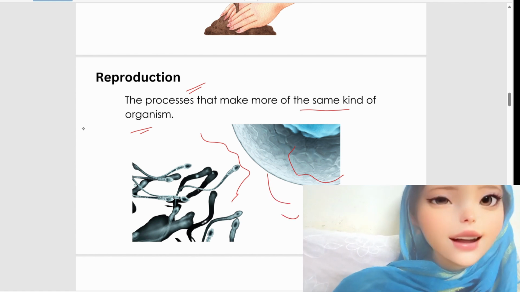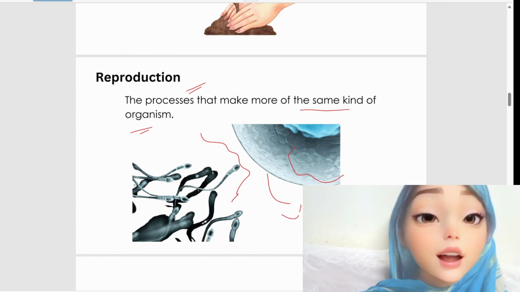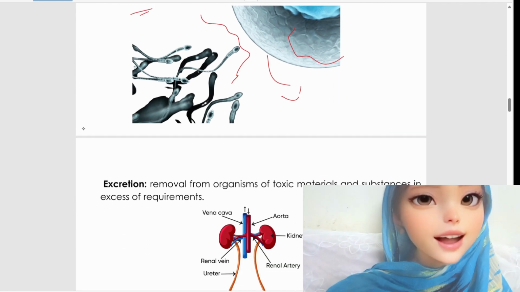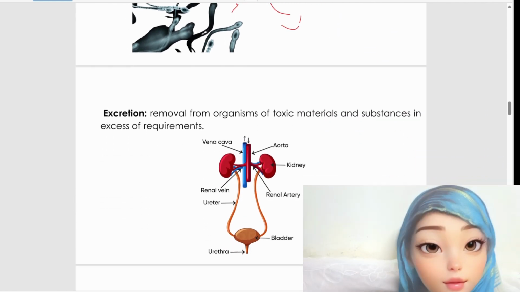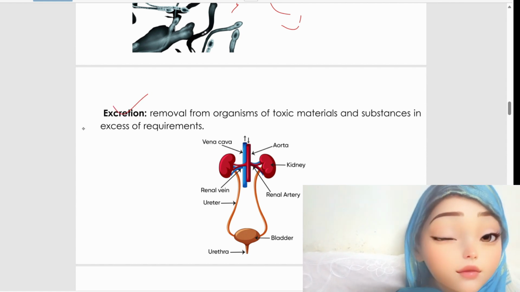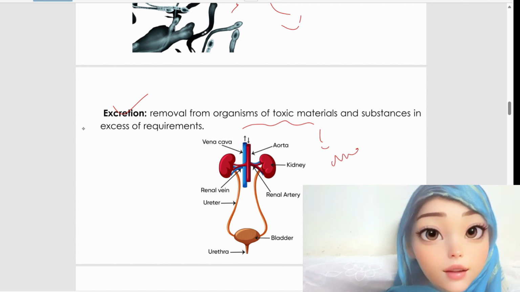Now next here is another definition, that is excretion. So excretion is the removal of toxic materials, and these toxic materials could be urea, uric acid, and all other waste products.